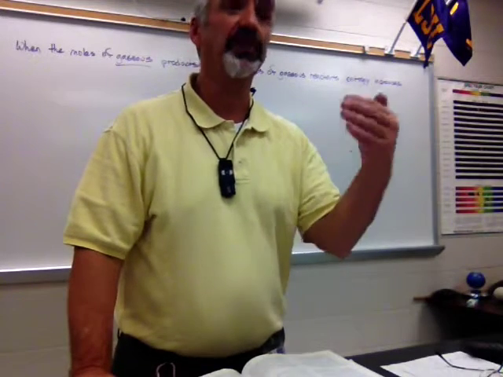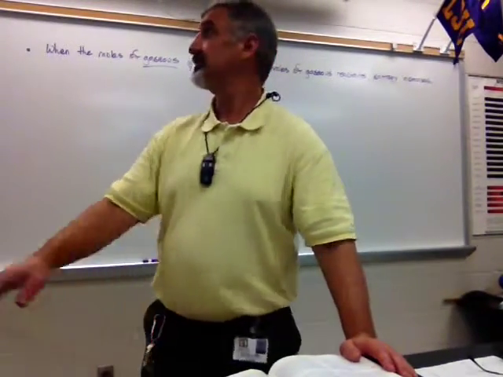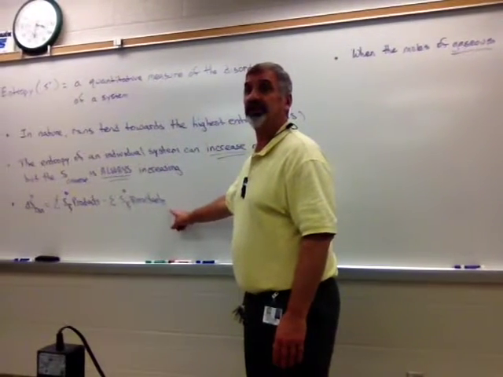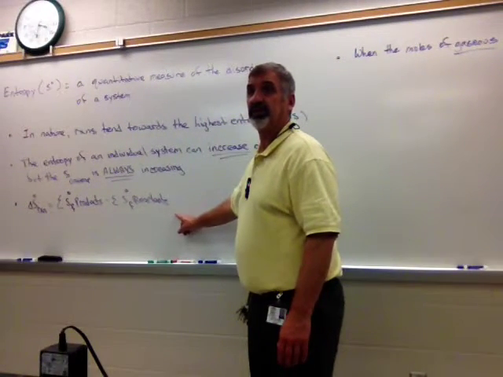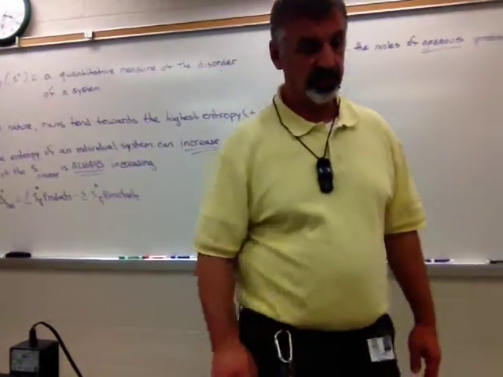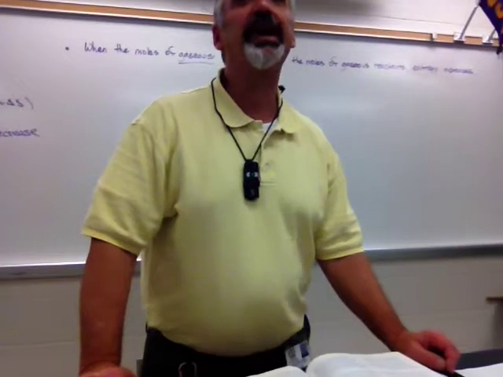I'll finish that up tomorrow, and then we'll start practice problems tomorrow. But let's try to get 47D. Products minus reactants. Use the table at the back of the book. The answer's in the back of the book too, so you can check yourself when you're done. Just D, 47D.